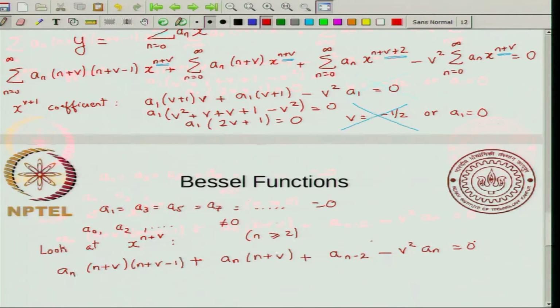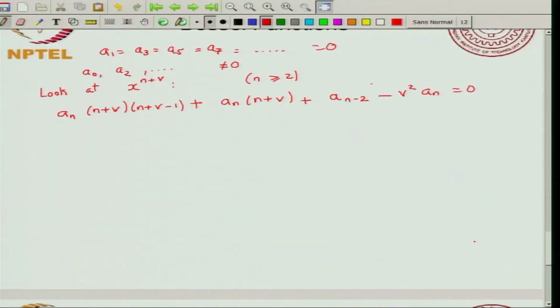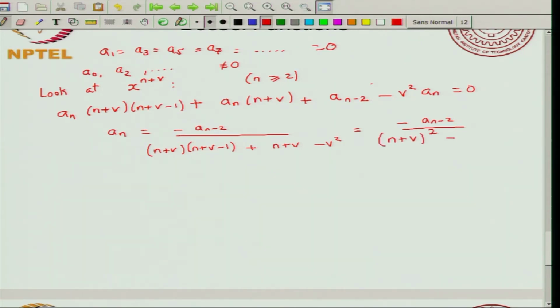So, this gives you an equation that relates a n equal to minus a n minus 2 divided by n plus v minus 1 plus n plus v minus v square. That is equal to minus a n minus 2 divided by n plus v the whole square minus v square.